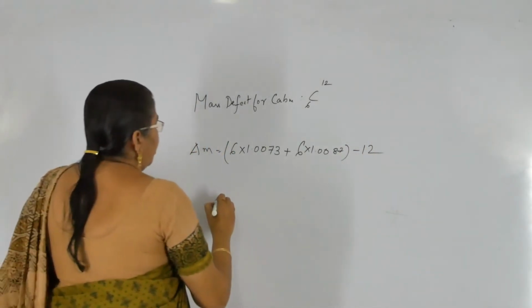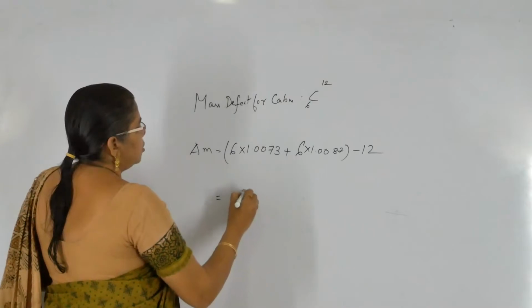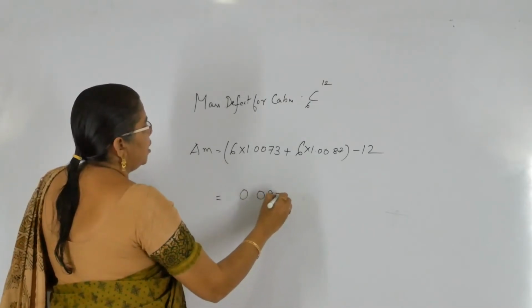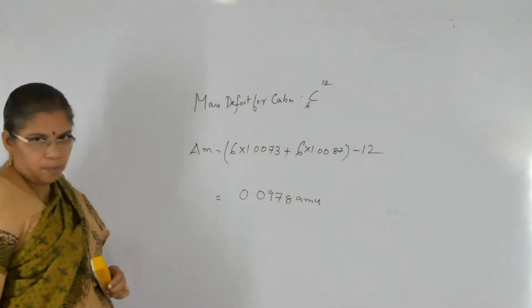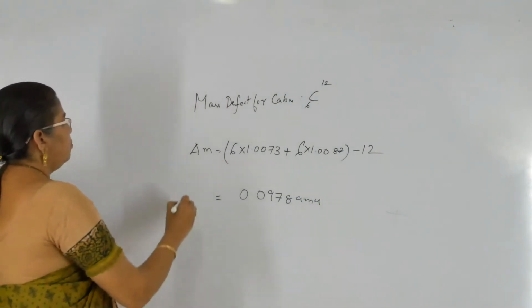So it comes to approximately 0.0978 AMU, the atomic mass unit, delta M.